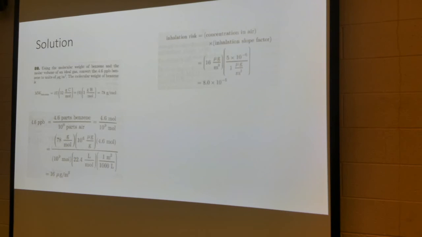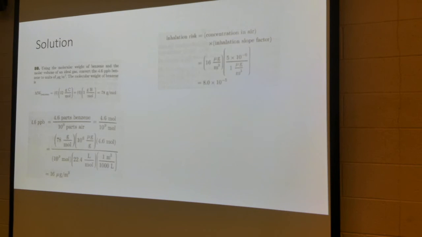So risk is a probability. 8 times 10 to the minus 5 means an average of 8 cases in a population for each 10,000 cases.